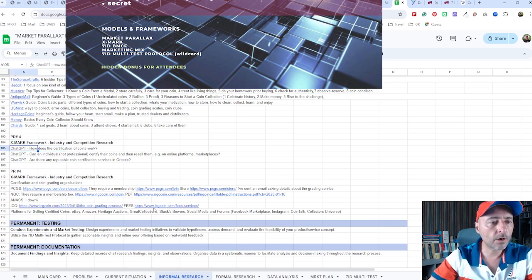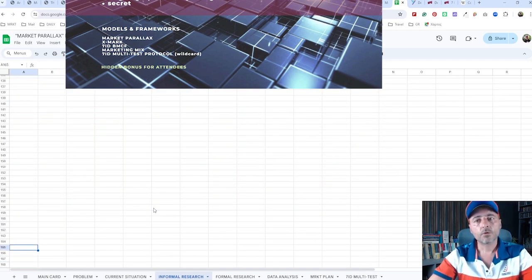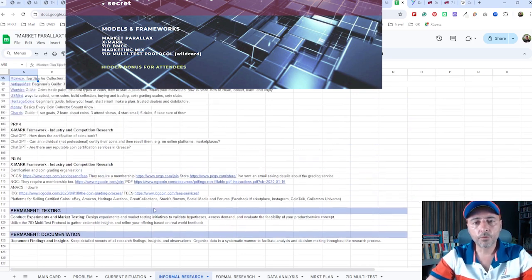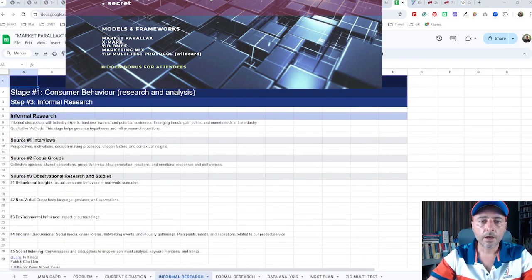We searched how does the certification of coins work with ChatGPT and other resources online. Can an individual certify their coins and how they do that? Are there reputable coin certifications? Other things as well. So I don't want to overwhelm you with all the information that I gathered. I will reveal more in the 7 Ideals presentation that's coming next.